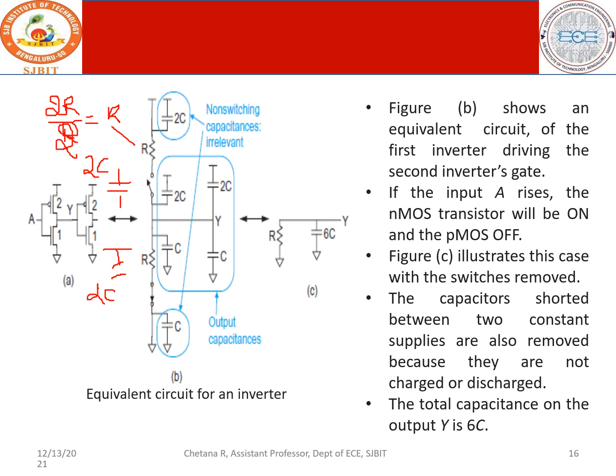This is how we consider it. It shows an equivalent circuit of the first inverter driving the second inverter's gate. If the input A rises, the NMOS is on and PMOS is off. So this shows the two capacitors and the total capacitance is given as 6C. So this is with respect to the simple inverter and its equivalent circuit.